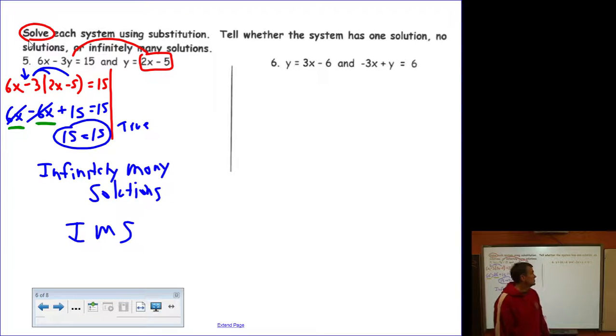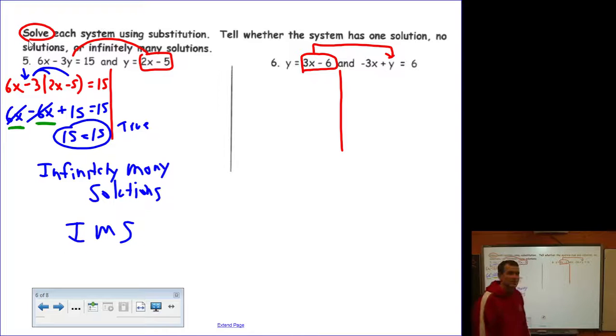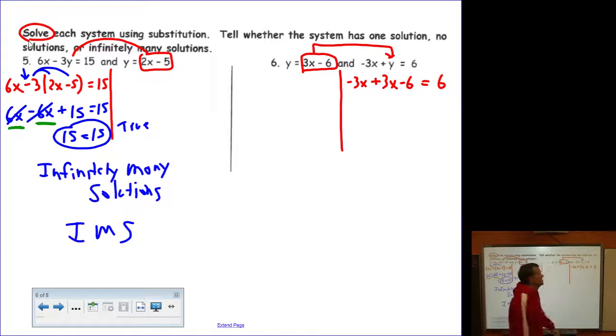In problem number 6, again, it's a nice problem because the y is already by itself, and I can take what y equals and substitute it into the other equation in place of the y. So I'm going to rewrite the second equation as negative 3x plus, and instead of plus y, I'm going to do plus 3x minus 6 equals 6. So I have rewritten the second equation.